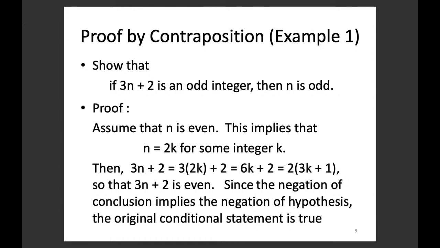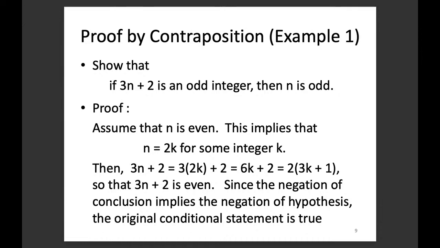Now suppose that this person further tells us that 3n plus 2 is also odd. Then we hope to get the conclusion that n is odd. We will find that if we try to use direct proof, then 3n plus 2 is an odd integer will not help us go very far, so it's rather difficult to prove this directly.